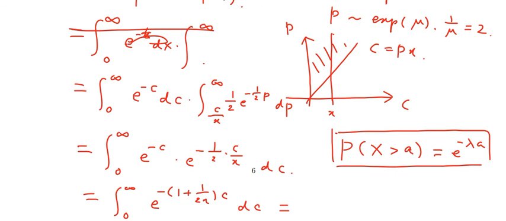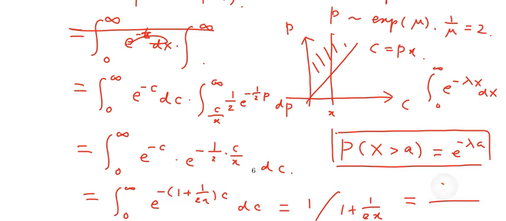For this integration, we use the integral of e to the negative lambda x dx, x from 0 to infinity, which is 1 over lambda, right? So the final answer is 1 over the sum. Simplify: multiply by 2x, so that equals 2x over 2x plus 1.